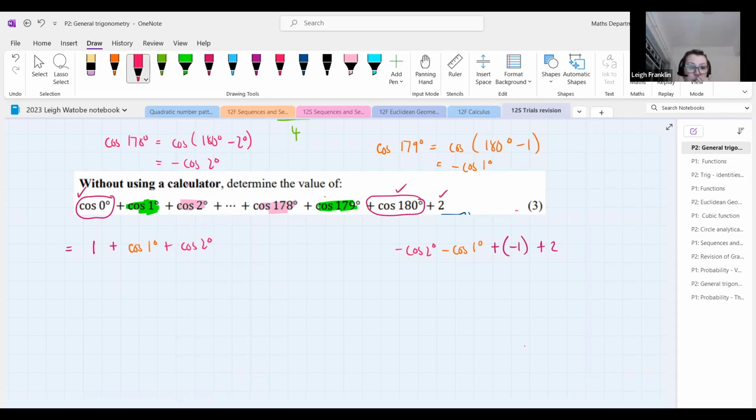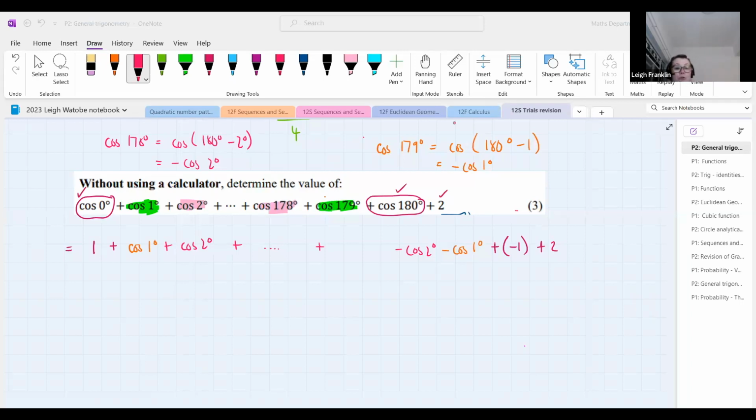Is the pattern starting to emerge? Is it starting to make sense? Matrix, is it starting to make sense to you? Yes, they're starting to see the pattern here.